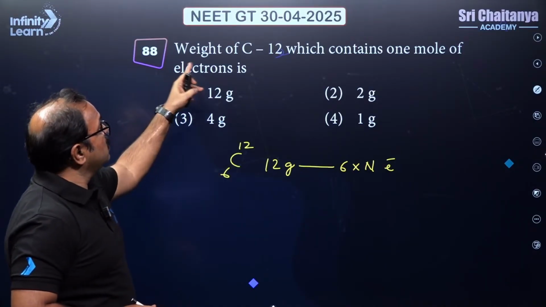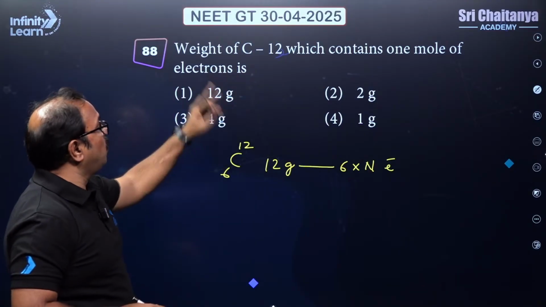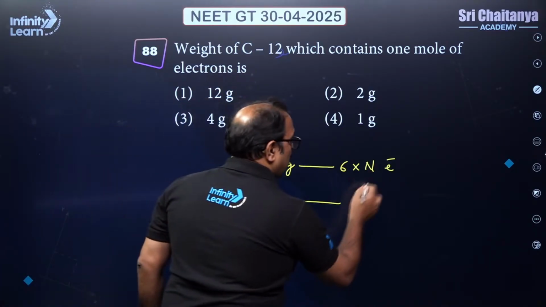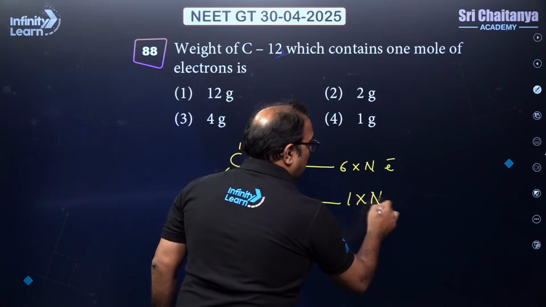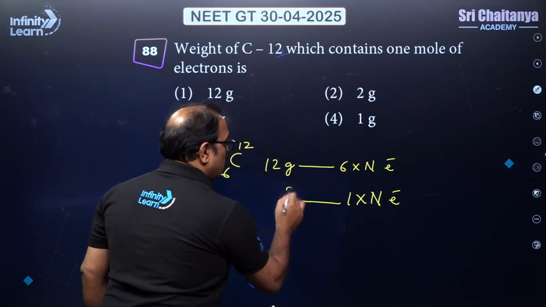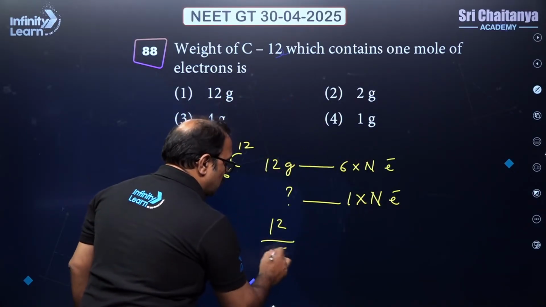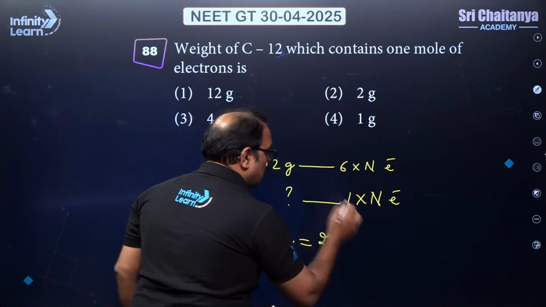Now he is asking what is the weight of carbon-12 which contains 1 mole of electrons. We know 1 mole is nothing but, I am writing this, 1 N electrons. So it is how much? So simple, 12 by 6, this is 2 grams.